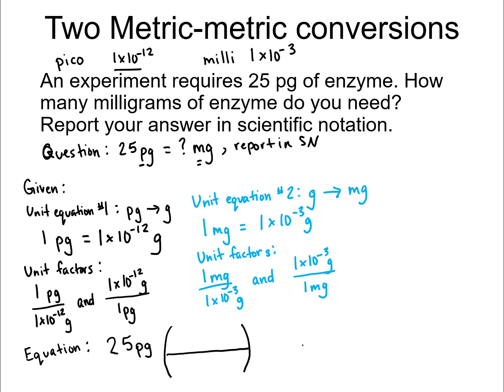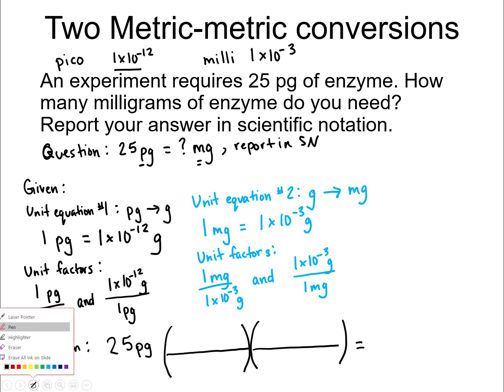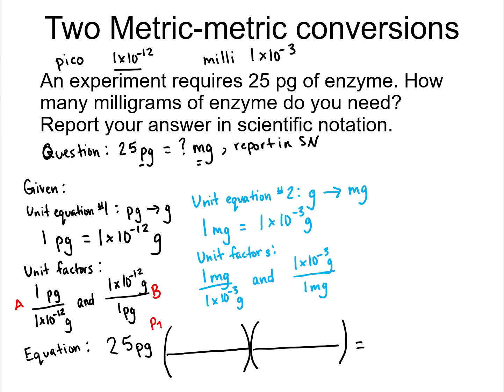We're going to fill in a unit factor from our first unit equation, and we'll fill in one from the second unit equation. What am I filling in for the first one if we're trying to go from picograms to grams? A or B?